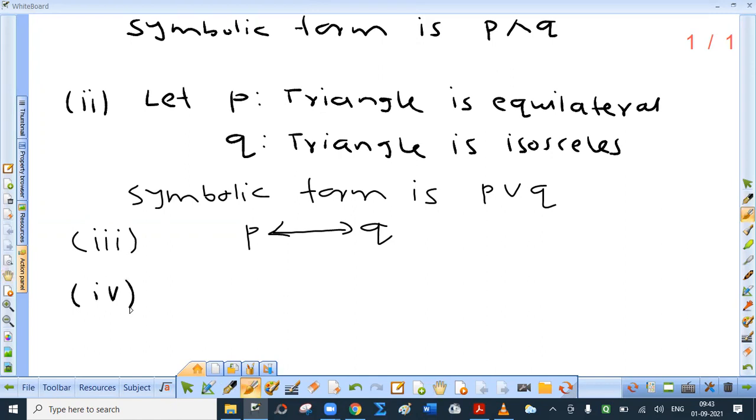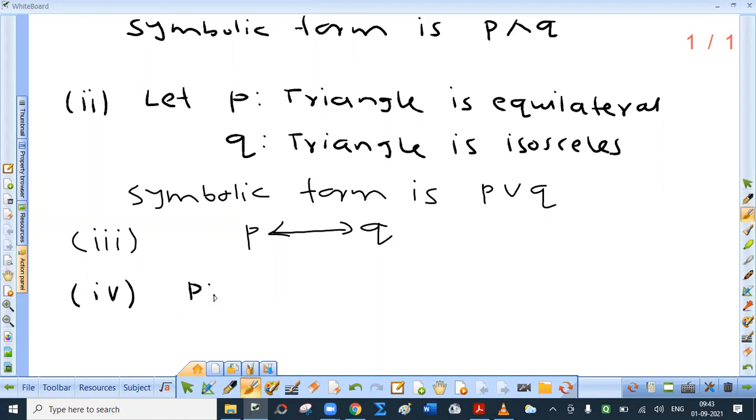Fourth: angle is neither acute nor obtuse. Okay. Write down.